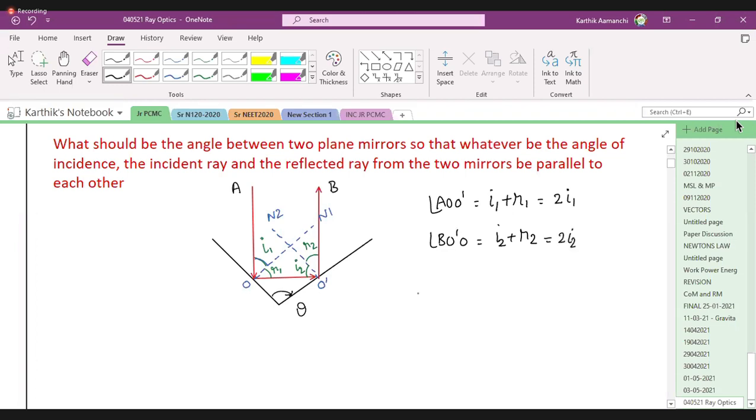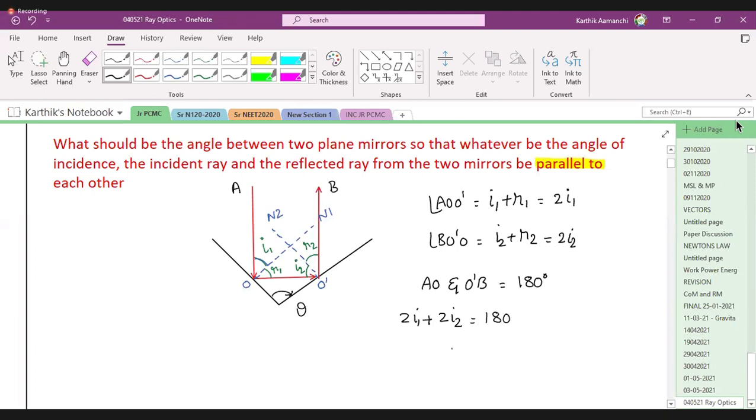Now, what is the angle between AO and O dash B? They're parallel, so it's 0 degrees? This is going in this direction, this is going in the opposite direction. How can it be 0? So can I say 2I1 plus 2I2 should be equal to 180?